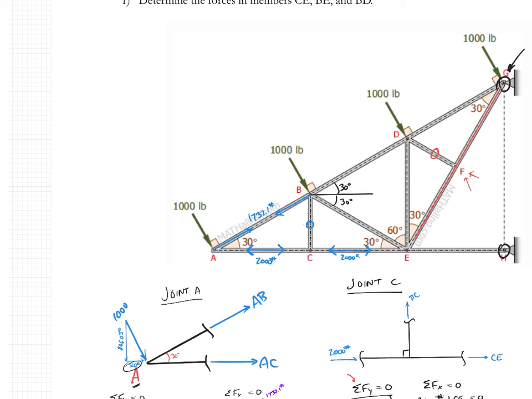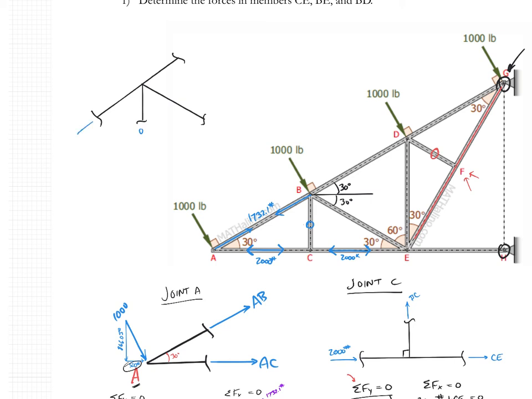Okay, so here's joint B. I'm going to draw kind of that angle thing here. I'm going to cut it, right? And then BE is coming off in this direction, like that. I've got that zero force member, which can be nice to draw, especially in case you've made an error somewhere and you have to come back and do your work again.